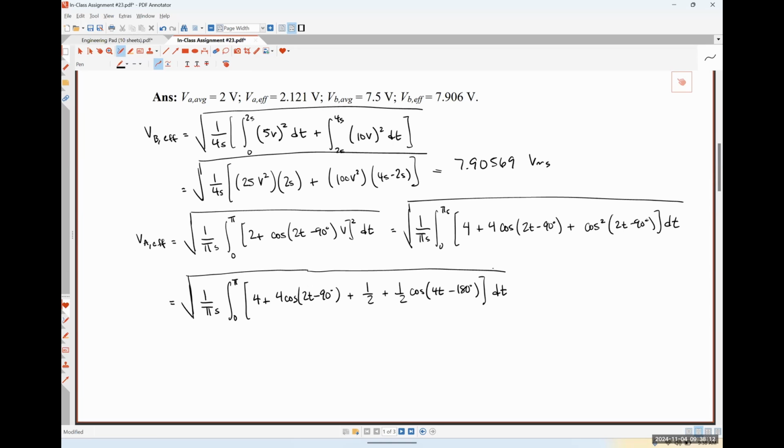Actually, I need to fix that, because I'm going to be lazy and just call this sine 2t so that I don't have to worry about phase angles in degrees and angular frequencies in radians.